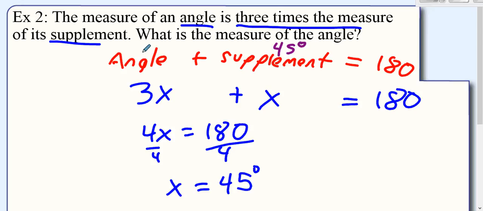So we've got to find what the other angle is. We know the angle is 3 times x, and we know x is 45, so 3 times 45. If you didn't want to do that, you could just ask what has to be added to 45 to equal 180. Either way, you get the same thing, 135 degrees. So the angle is 135, and the supplement is 45.